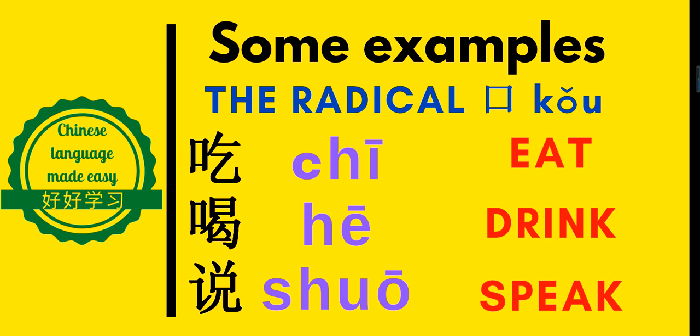You can eat by using the mouth, drink by using the mouth, and speak by using the mouth. There are other ways of communication, but you can basically speak with the mouth. So all these Chinese characters include this radical sign kou, and it gives us the meaning that they have a connection with the mouth.